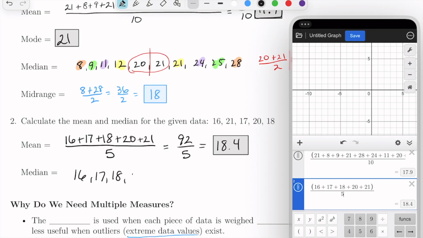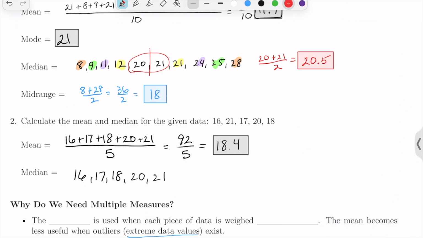Once they're written in ascending order, I can now find the median. All I do is start to pair it off, putting my fingers on 16 and 21, working my way in 17 and 20, and now all I have left is just 18 right here in the very middle. That's the median. That's our middle number.